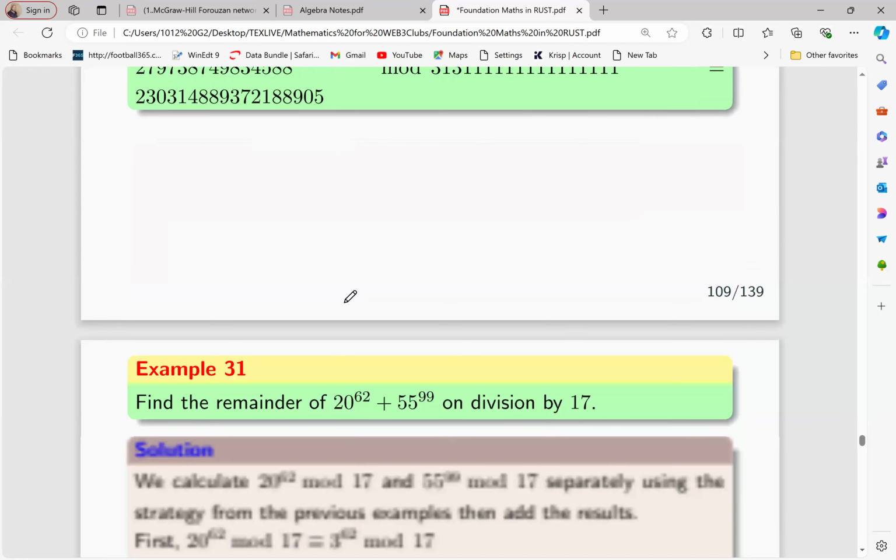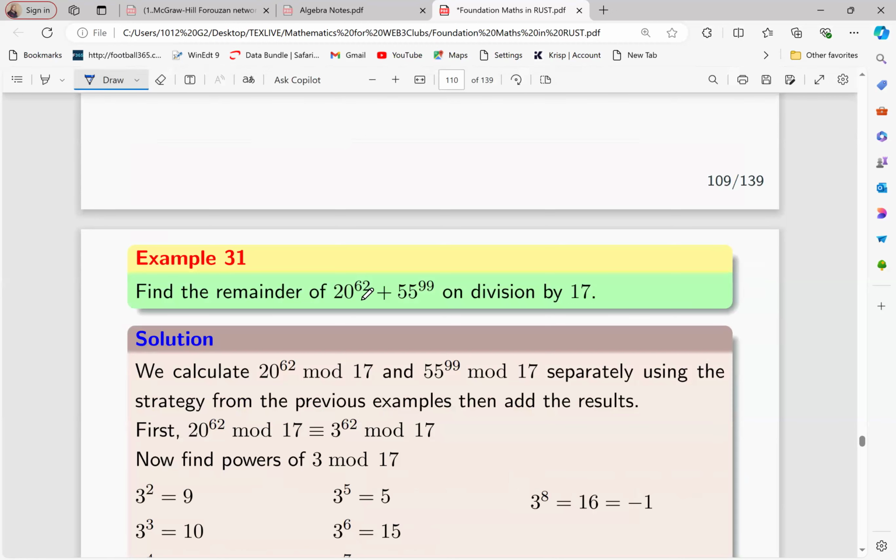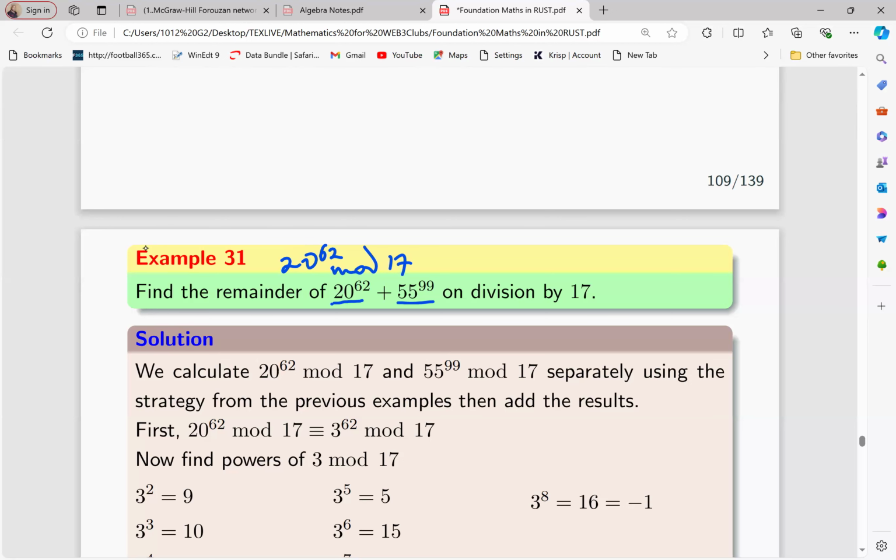Now, the one I want to look at is one that combines. For instance, I have this and this. The code we have already is the one that is just dealing with one part, just dealing with 20 raised to 62 mod 17. But this time I want to add these two.